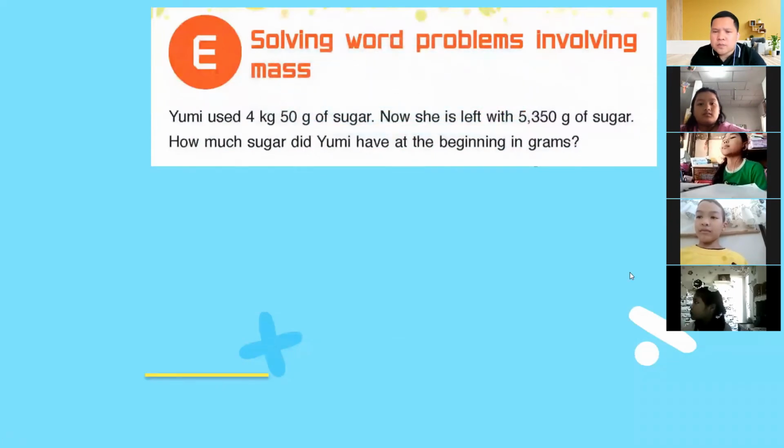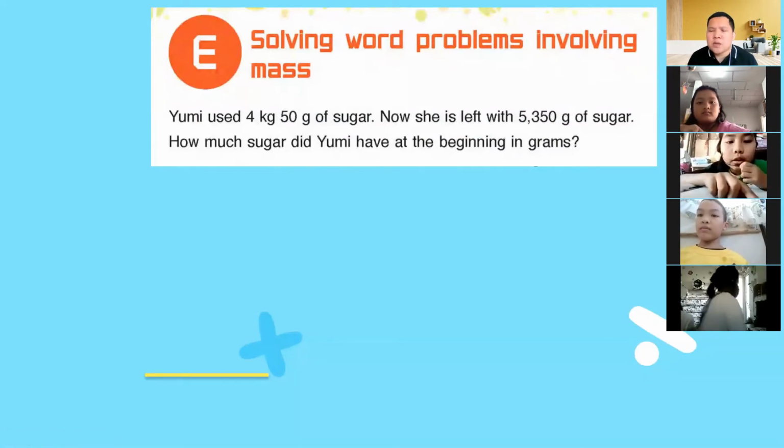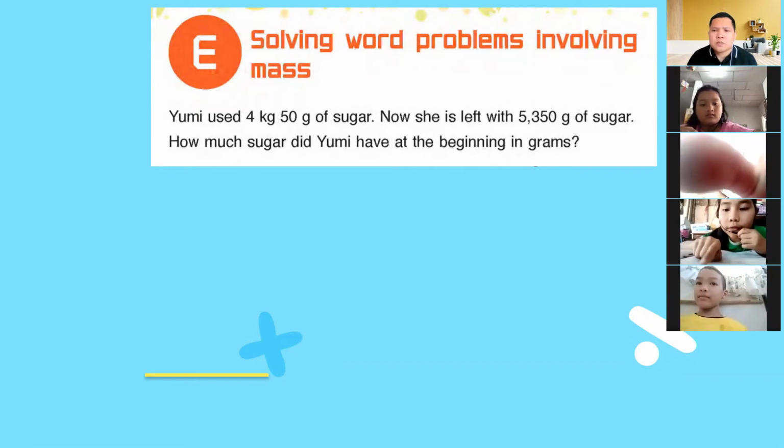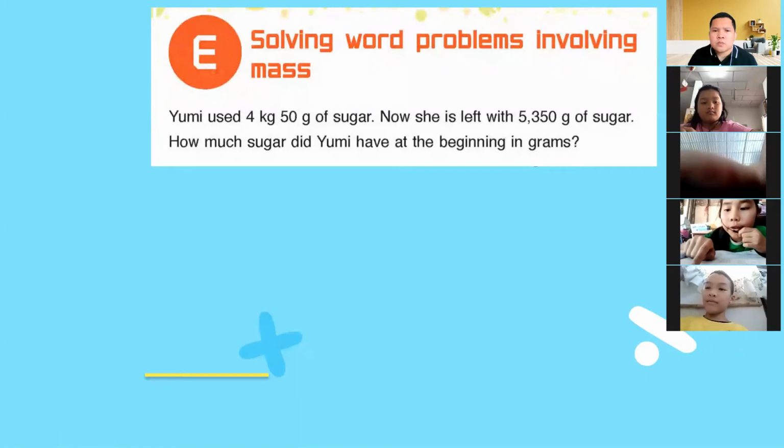Fern, please read example number 1. Unmute your microphone first. Yumi used 4 kilograms 50 grams of sugar. Now she is left with 5,350 grams of sugar.